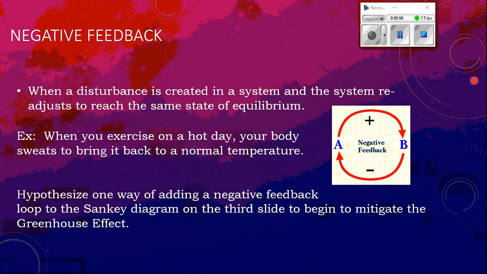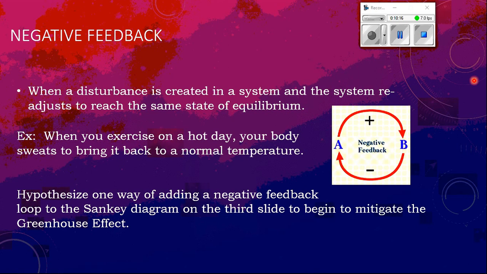So in order to counterbalance a positive feedback loop, we can have a negative feedback loop. That's when a disturbance is created in the system, and the system readjusts to reach the same state of equilibrium at which it started, or at least a lower state of equilibrium.